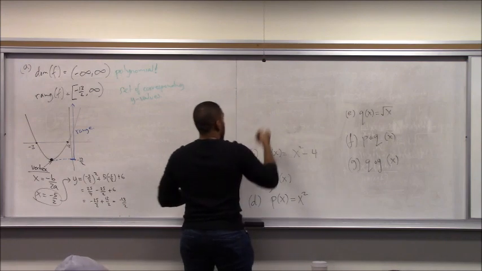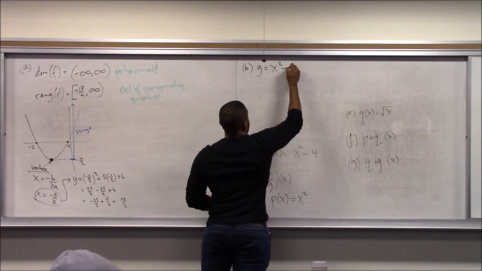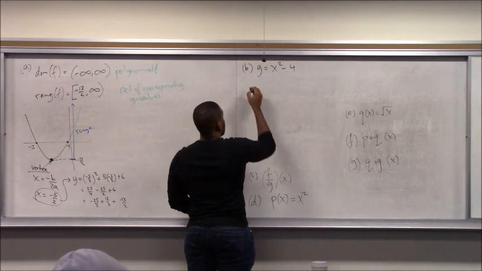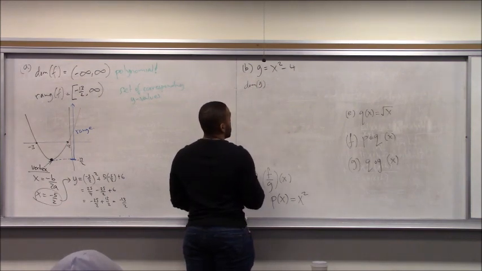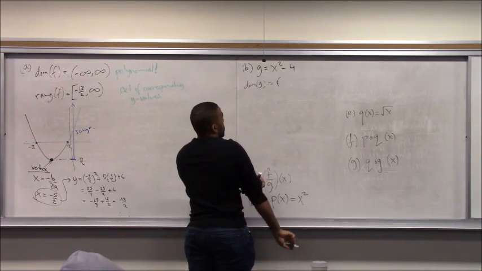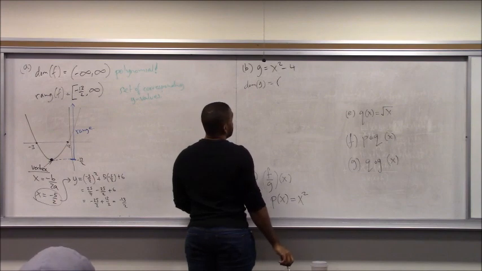What about the x squared minus 4? What's the domain? What kind of function is it? It's a polynomial. So what is the domain?